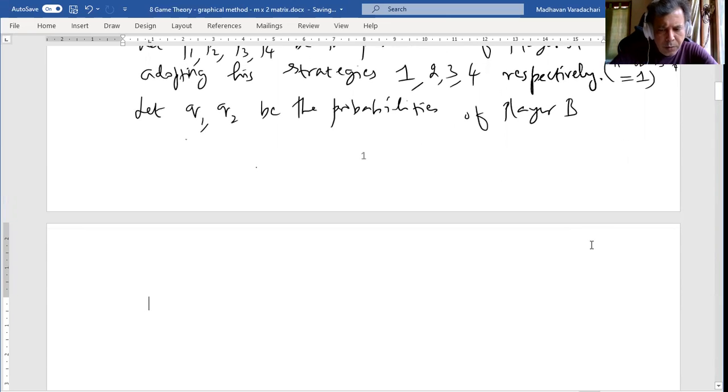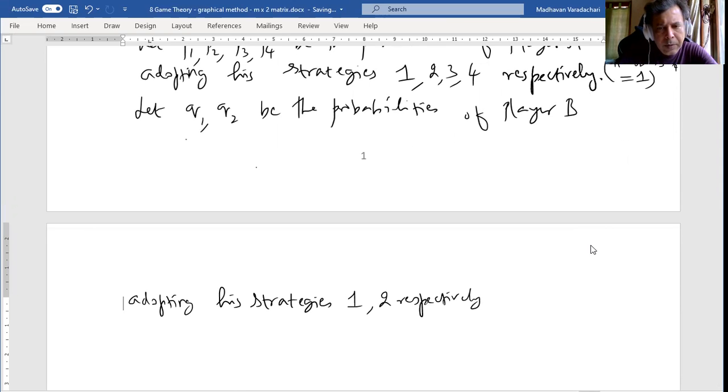Let Q1, Q2 be the probabilities of player B adopting his strategies 1, 2 respectively. And since there are only two strategies, the probabilities, if I add, should give me 1.